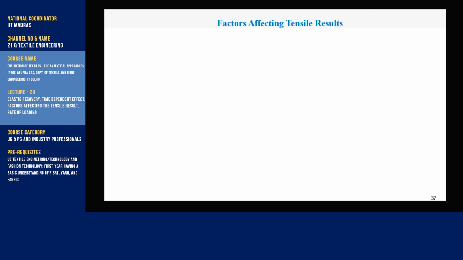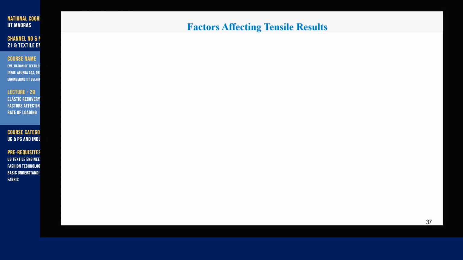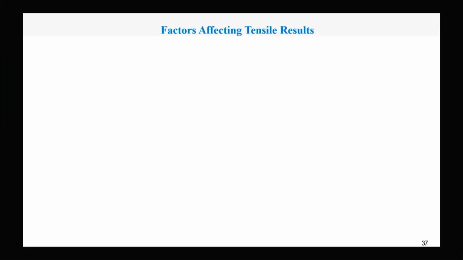Now we'll discuss different factors which affect the tensile result. Here the situation is that we have a certain material, a particular yarn, tested in a tensile tester, and the result can be changed.